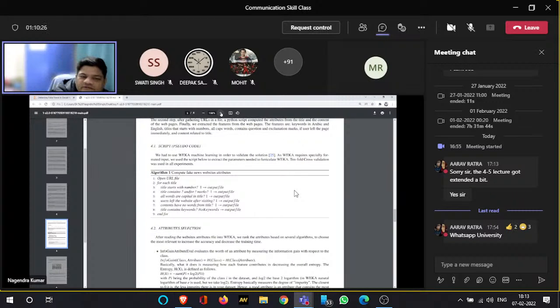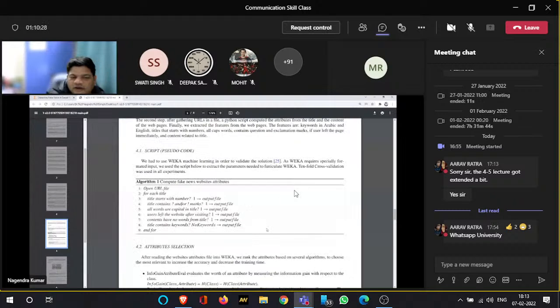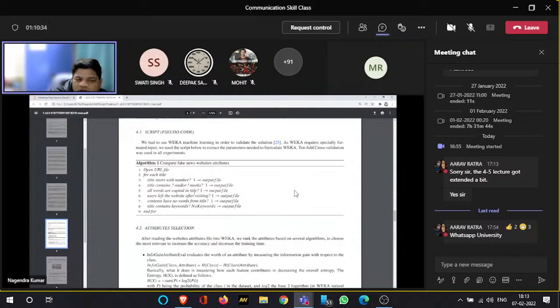So look at this. How do they compute fake news website attributes? They open the URL file for each title. Does the title start with a number? Does the title contain how many punctuations, like exclamation marks or question marks?